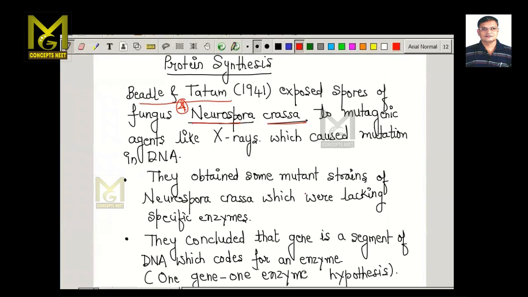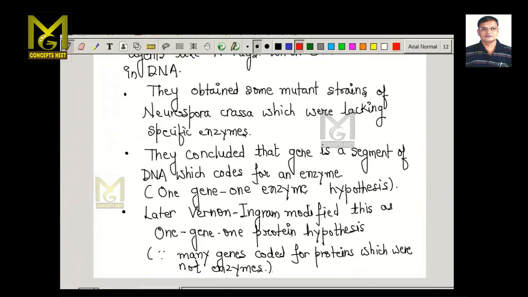They exposed it to a mutagenic agent like X-ray. And what they found was, when these Neurospora spores were exposed to X-ray, if this is X-ray and these are the spores, later on they found that these spores which were exposed to X-rays were mutant strains.